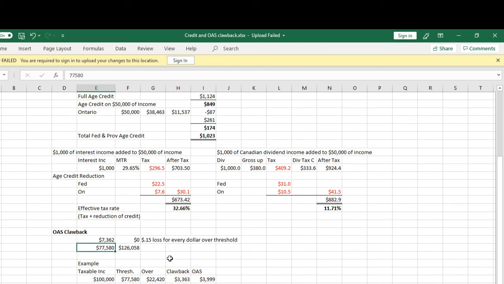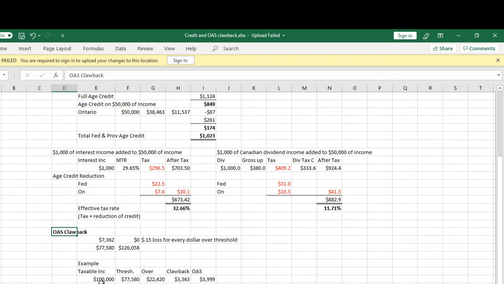That starts to disappear at a taxable income of $77,580, and it is completely gone by $126,058. So it's basically 15 cents of loss of OAS income for every dollar above $77,580.